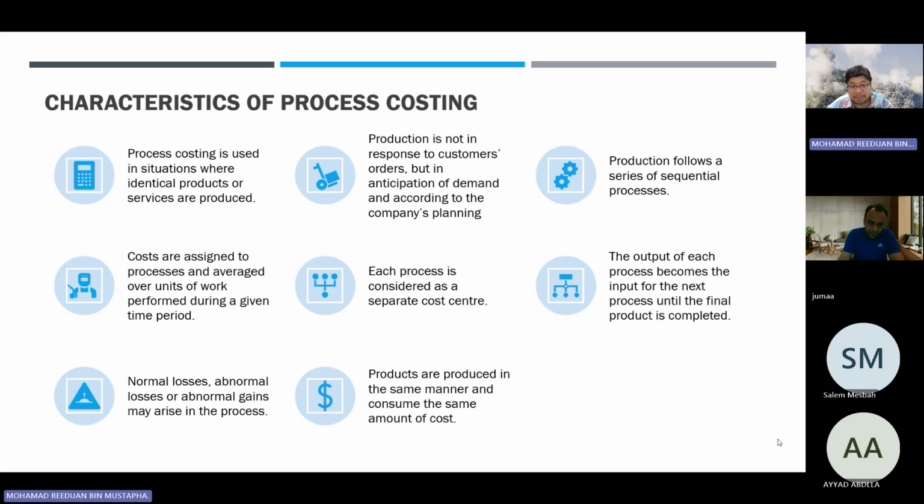Products are produced in the same manner and consume the same amount of total cost. Production follows a series of sequential processes. The output of each process becomes input for the next process until the final product is complete. So for engineers, managers, or strategists at your company, process costing is the essential bridge between physical operation and financial performance.